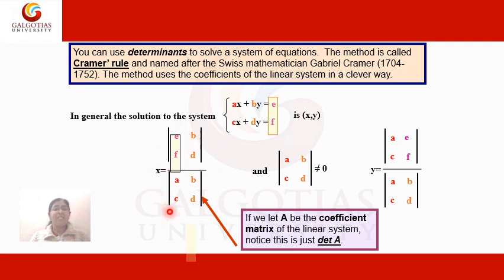On solving this, I will get the value of x, where determinant of a, b, c, d is not equal to 0. Again I have y, which is equal to determinant of a, c, e, f divided by determinant of a, b, c, d. So this is our y. Clear? So in this way I can find the values of x and y.